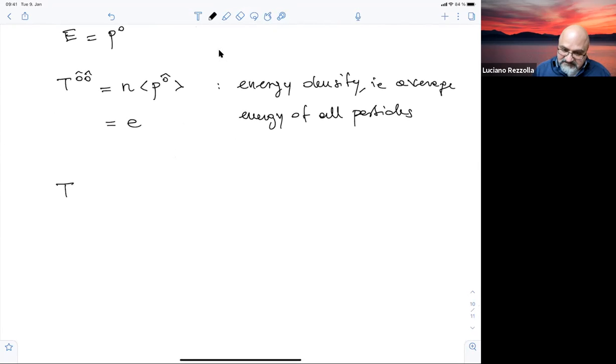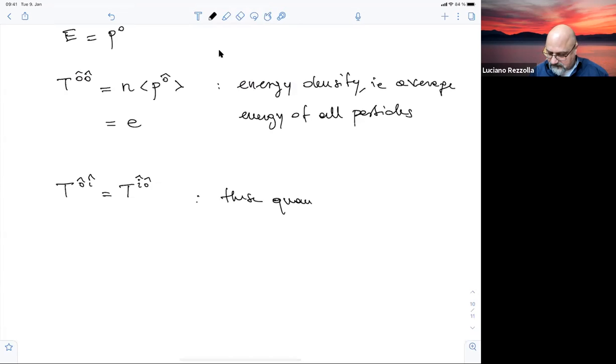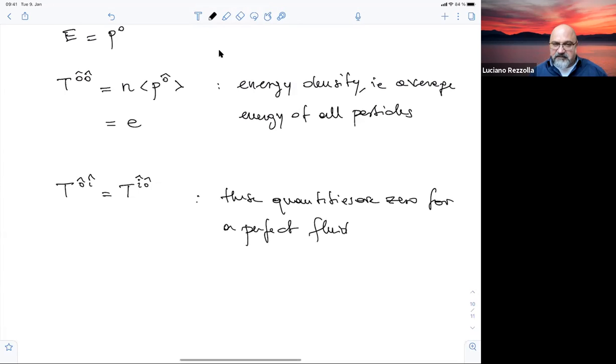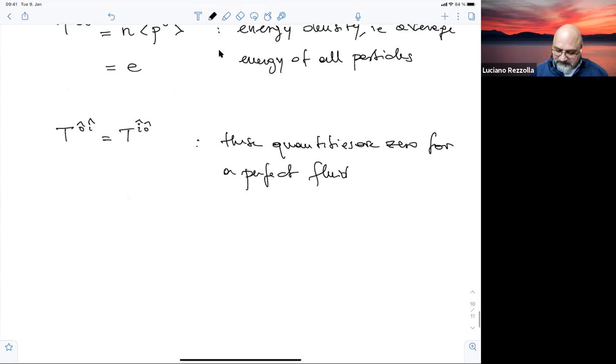Then I have the T0i and the Ti0. And these are, as I said, the fluxes of energy. And here is an important definition. These quantities are 0 for a perfect fluid. So this is a fluid where there is no dissipation, no energy flux.